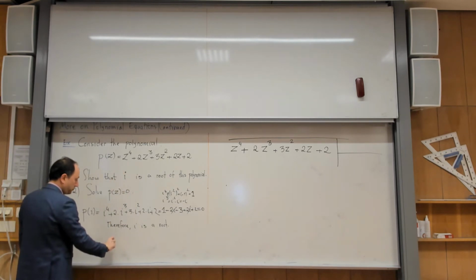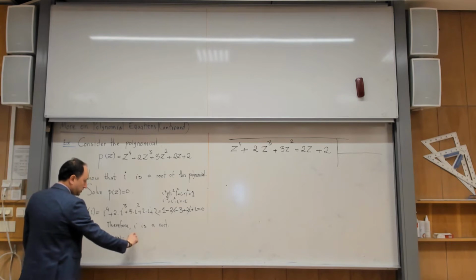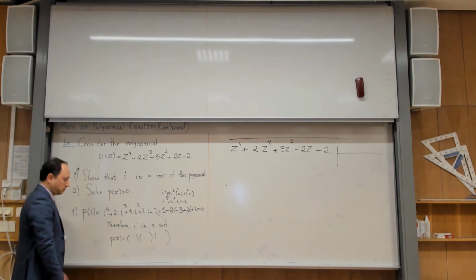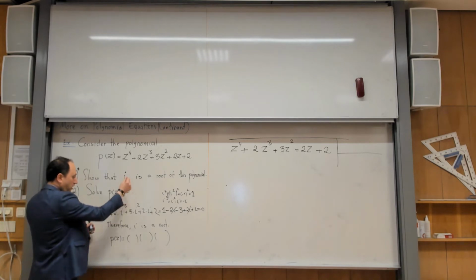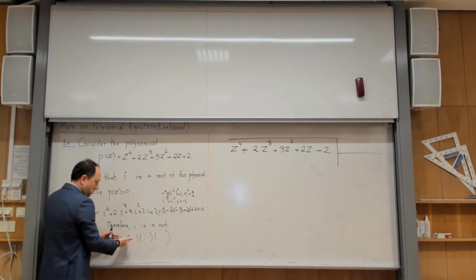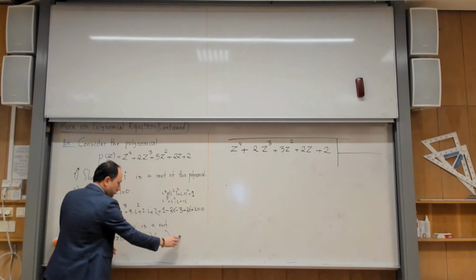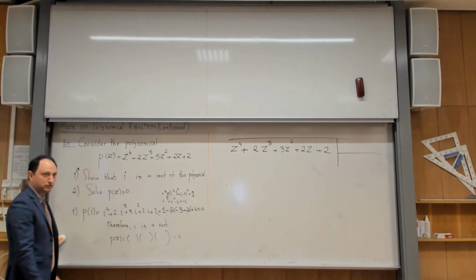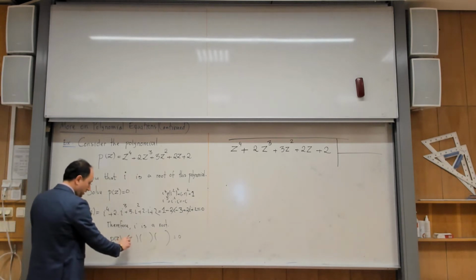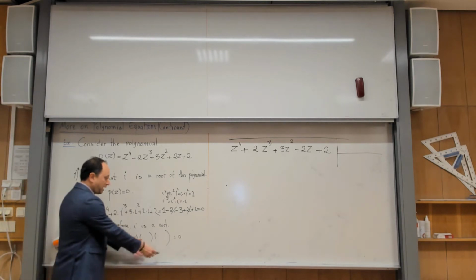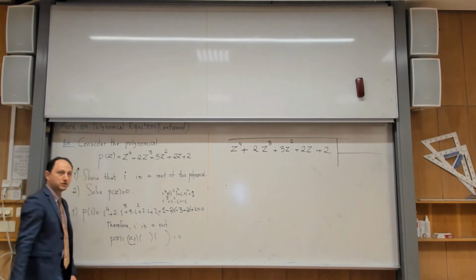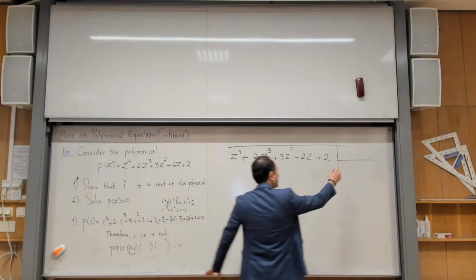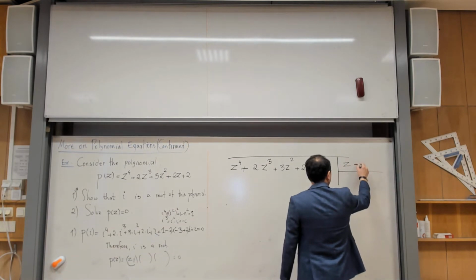It means that when you factorize this, you see some pair of brackets, I don't know how many, but you know that when I put I here somewhere, the answer should be 0. So you can say that at least one of them is what? Z minus I, yes? I don't know what happens for the next, but one of them should be z minus I. So this means that this is divisible by z minus I.